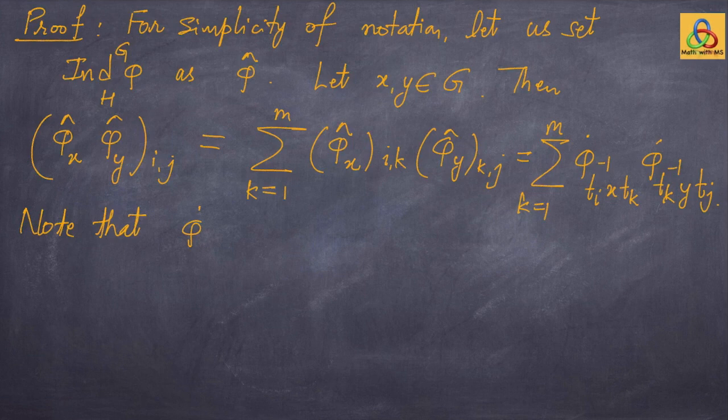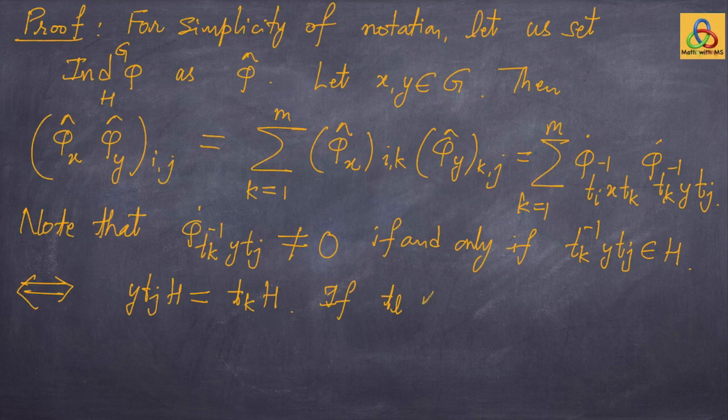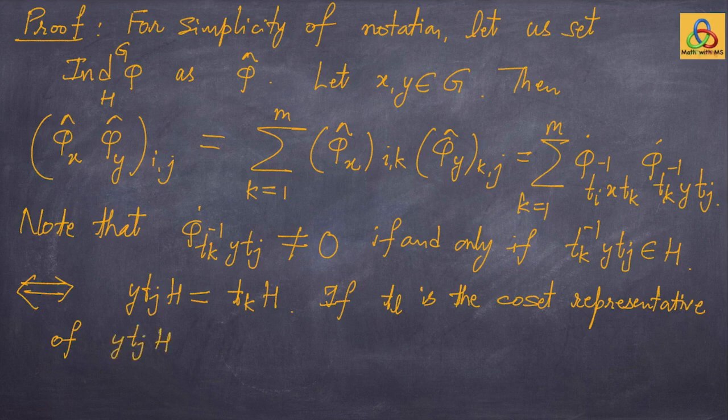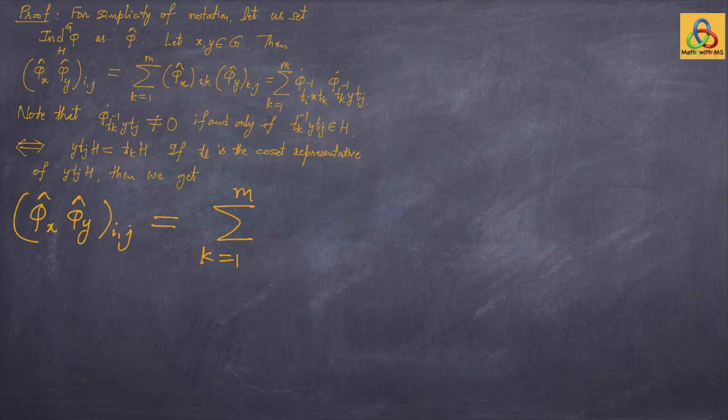Note that phi dot of Tk inverse y Tj is non-zero, is not the 0 d by d matrix, if and only if Tk inverse y Tj is in the subgroup H. But this happens if and only if y Tj H is the same as Tk H. But y Tj H will be TL H for some other L. So if TL is the coset representative of y Tj H, then we get phi cap x, phi cap y of ij as the summation k from 1 to m of phi dot of Ti inverse x TL.